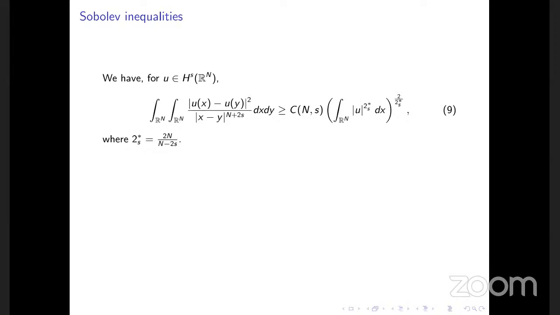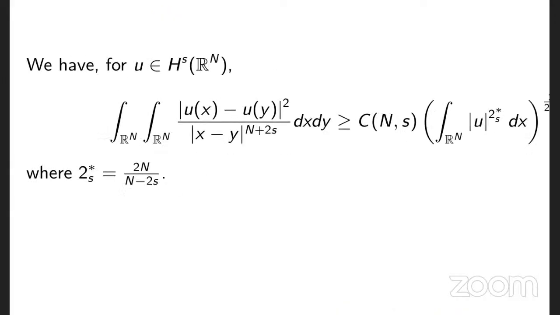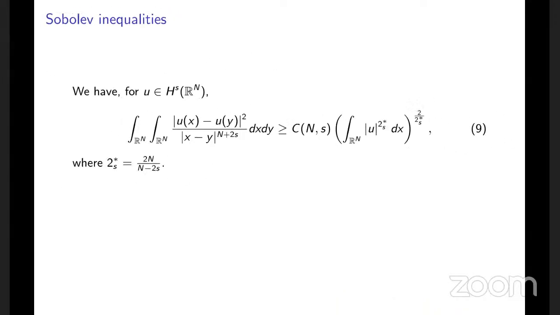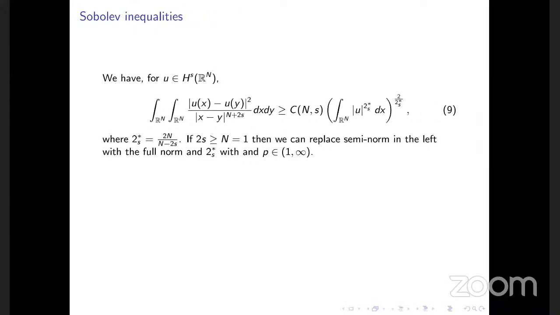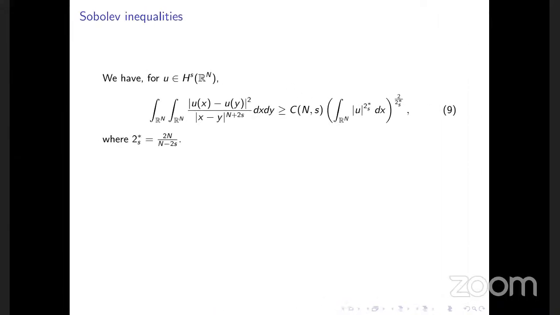The 2 star s norm just allows us to obtain a scale invariant inequality, which is sometimes interesting for some applications. But when it comes to regularity estimates, one only needs a nonlinear inequality.